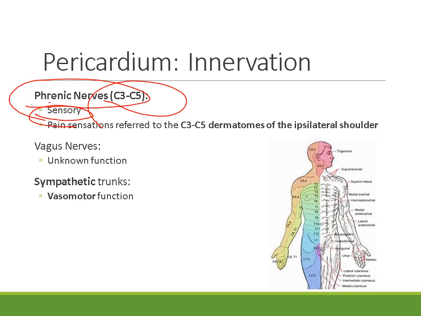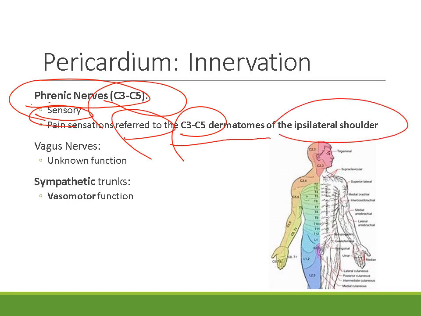Now, because the C3 through C5 spinal nerves also carry pain sensations from the shoulder area, if a patient has too much pressure in the pericardium, or there's something irritating the pericardium, the patient will feel referred pain in the C3 through C5 dermatome, which is on the ipsilateral shoulder. So that's the shoulder of the same side.